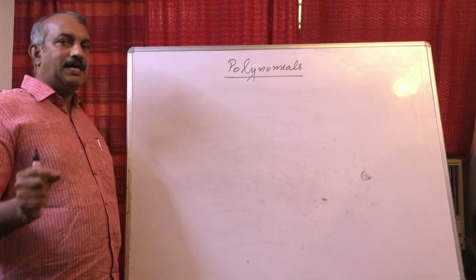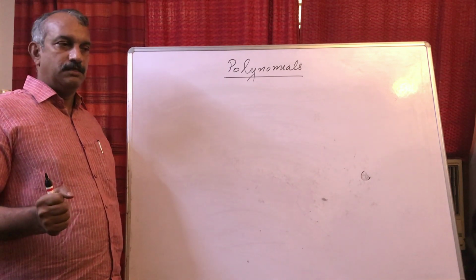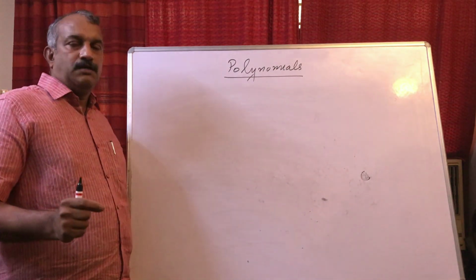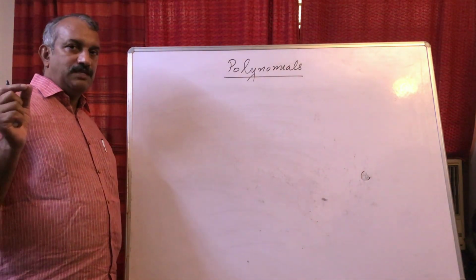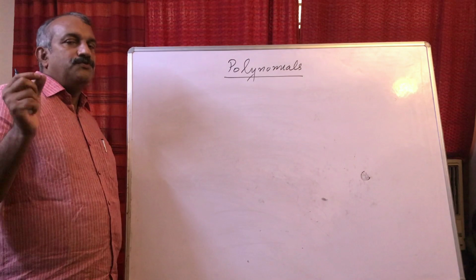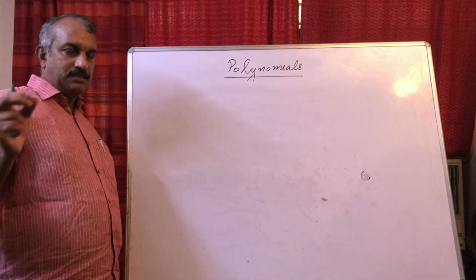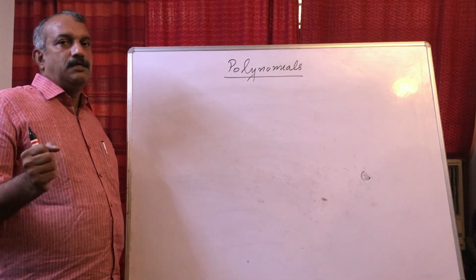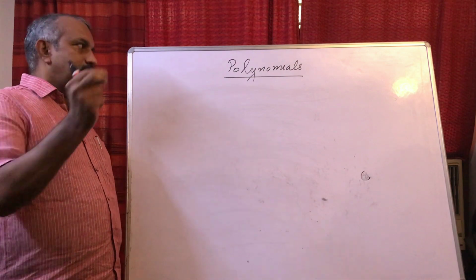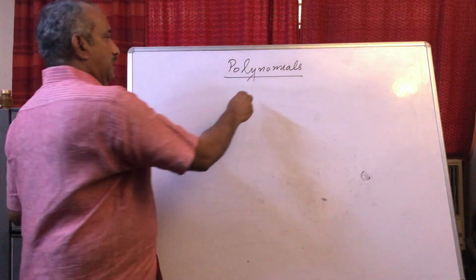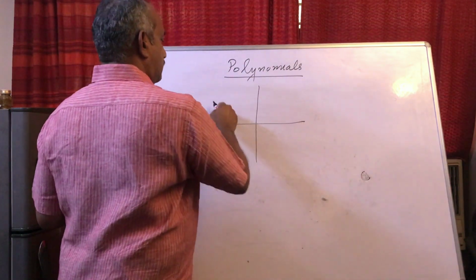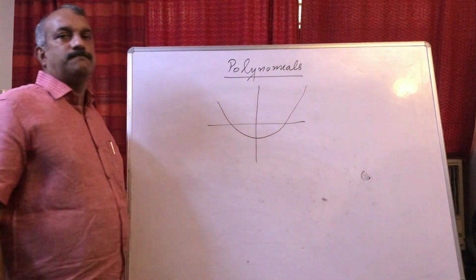Number of zeros and graphical representation. If the graph of a polynomial is given, from the graph we can find out the number of zeros. That is given in the first exercise, exercise 2.1 is based on that. Say the graph of a polynomial is given. Suppose it is given like this.